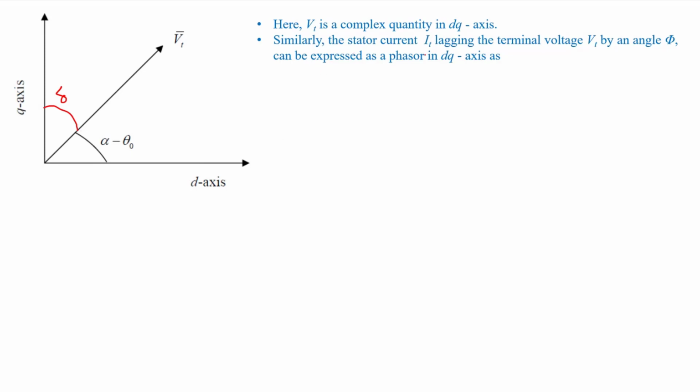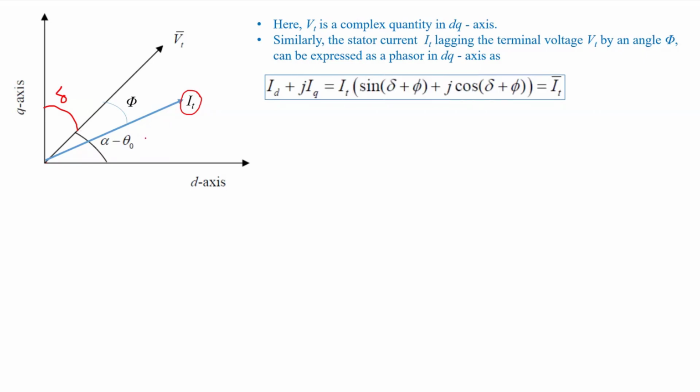Similarly, if we have a stator current It lagging the terminal voltage Vt by phi, that can be expressed in phasor form in the dq axis like this, right?